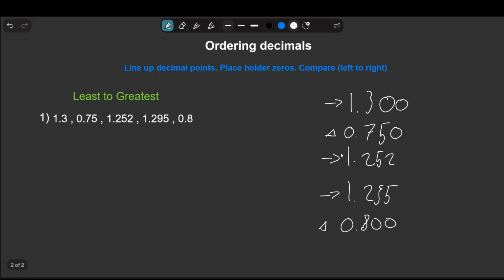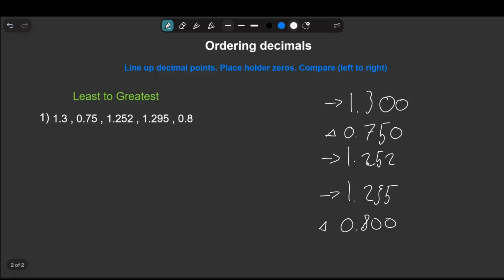So now we compare the 2 with the zeros in front of the decimal, because we know these are less than these 3 with the 1. So we compare these two, 0 and 0 is the same. Then we have 7 and 8.